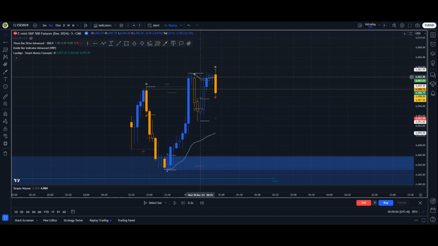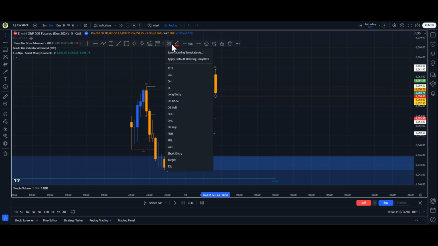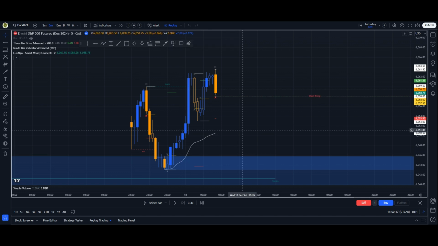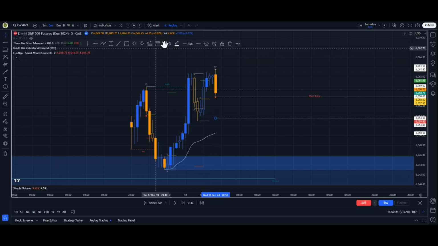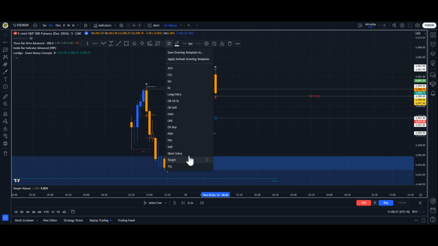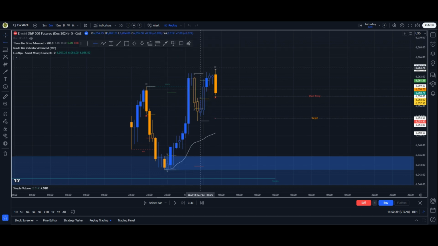A few adjustments we need to make is that this high needs to be moved to this high, because that's where the new high has been created in the market. And the way we need to trade is that we will take the short from here. If I had taken the trade, this was our target, and this is our stop loss.